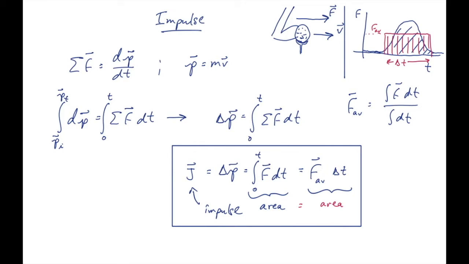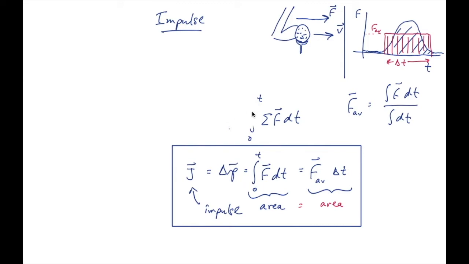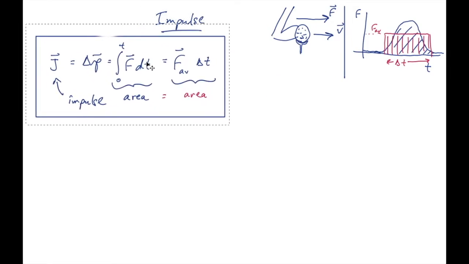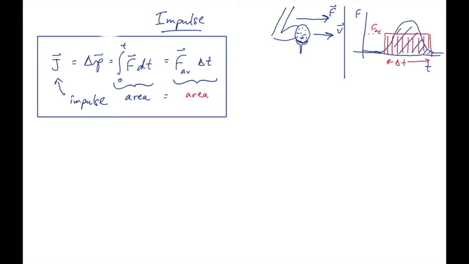Let me erase some of this, and we'll talk a little bit more about it. All right, so I'm going to move my impulse momentum theorem up here out of the way. And we'll give it a name. This is the impulse momentum theorem.